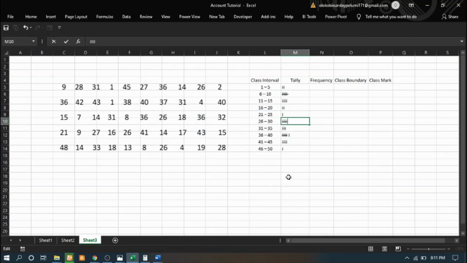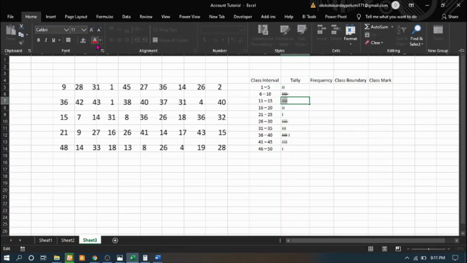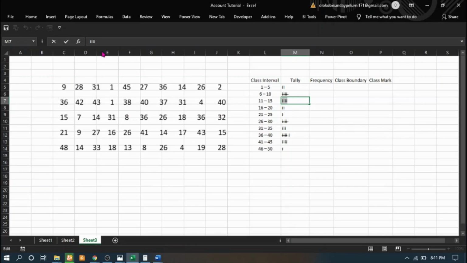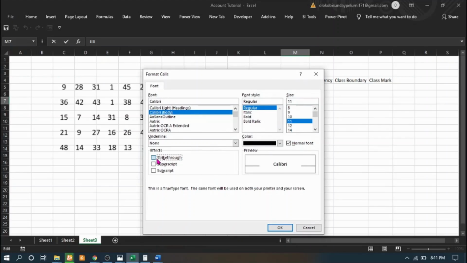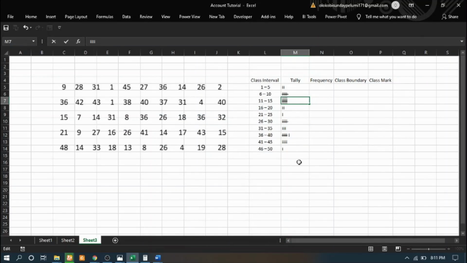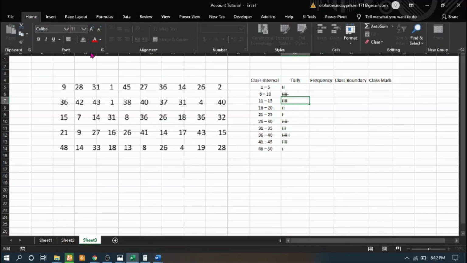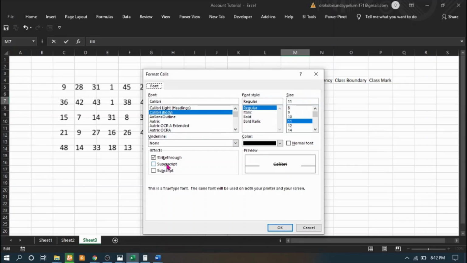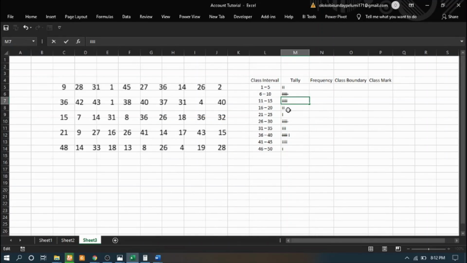Okay, so we have 14 now. 14 here makes the bundle too. That makes the bundle with 14. So strike through, please. So 14 and 26. And we need to close it.